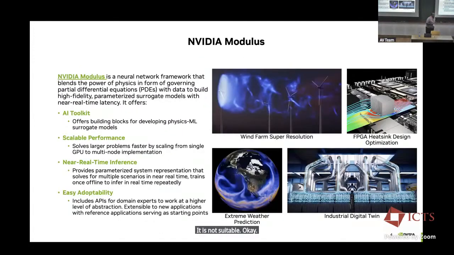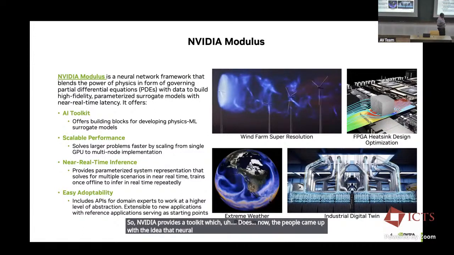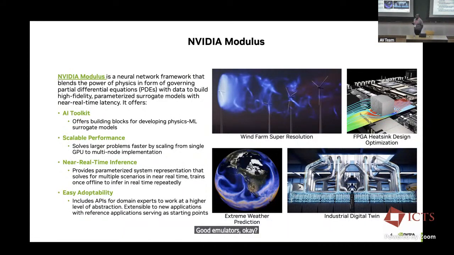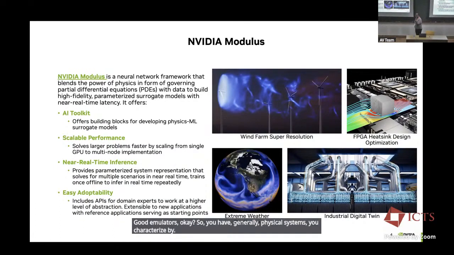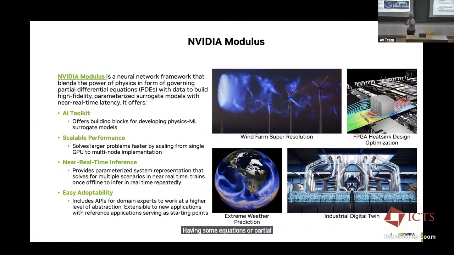So NVIDIA provides a toolkit which does this. Now, people came up with the idea that neural networks can be good emulators, okay? You generally characterize physical systems by equations or partial differential equations.